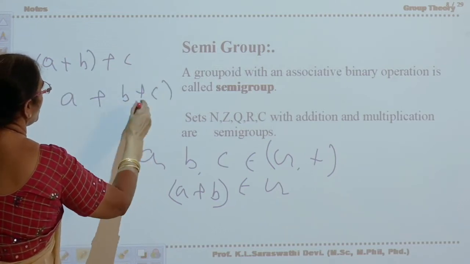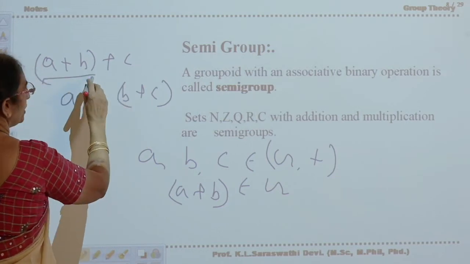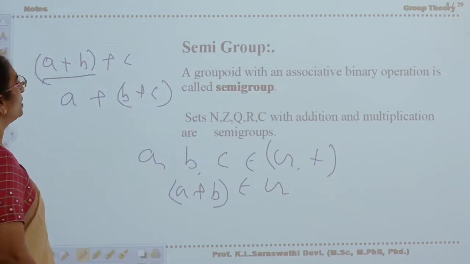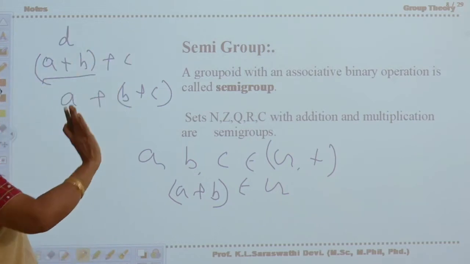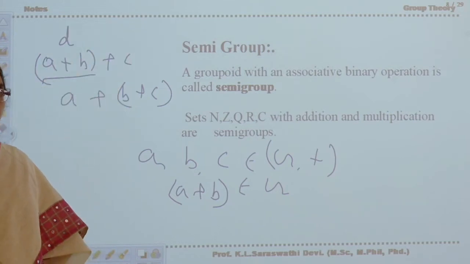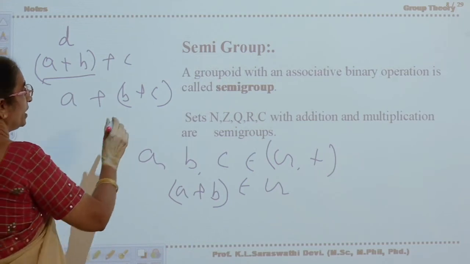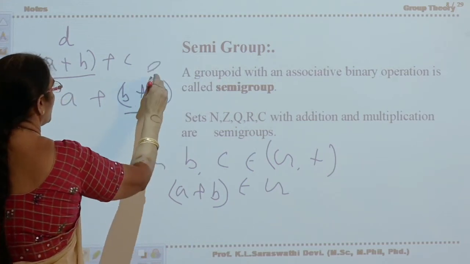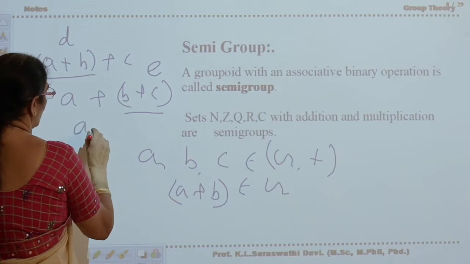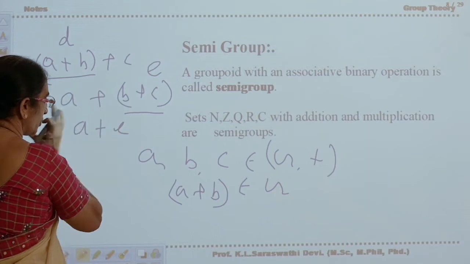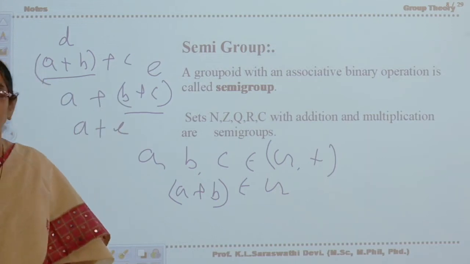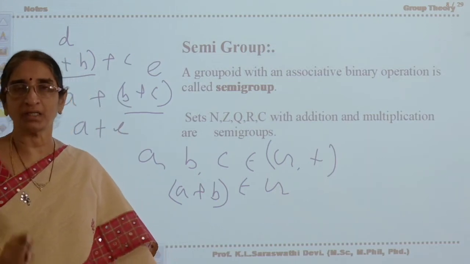Now, if you add A plus B, it will be some element of G. Suppose it is D. Then D plus C. Again, it is a binary operator, so it belongs to G. Okay. After that, add B plus C. Let it be E, and you add A plus E. Now, if D plus C is equal to A plus E, then you will say that the associative property is satisfied.